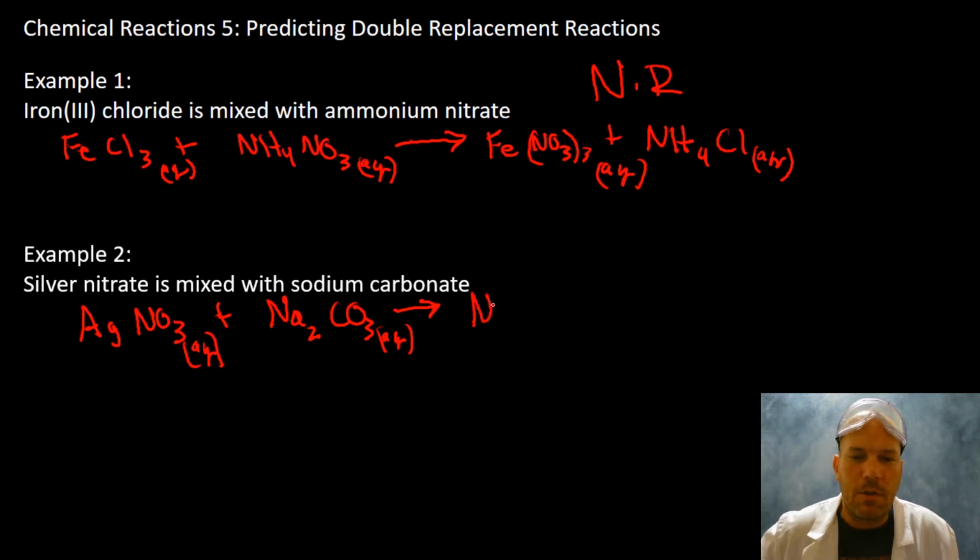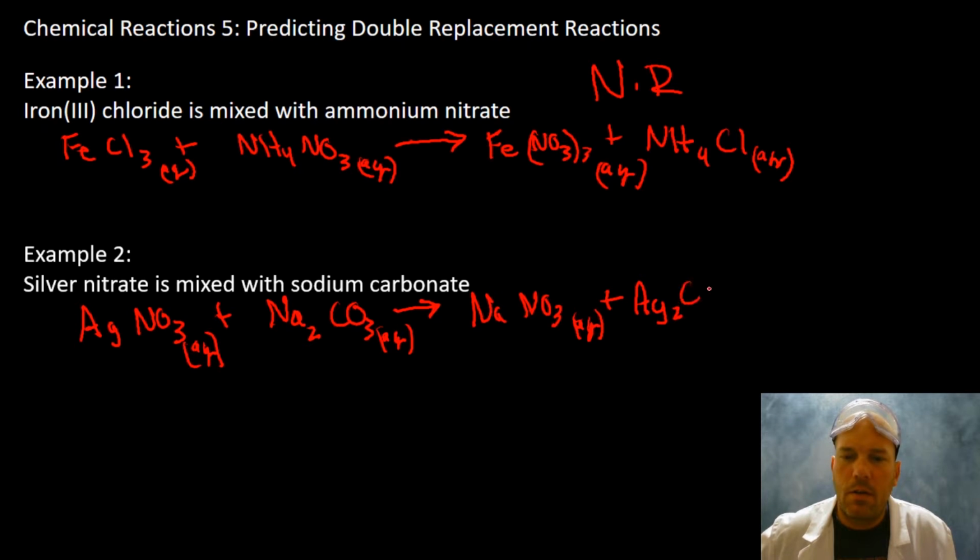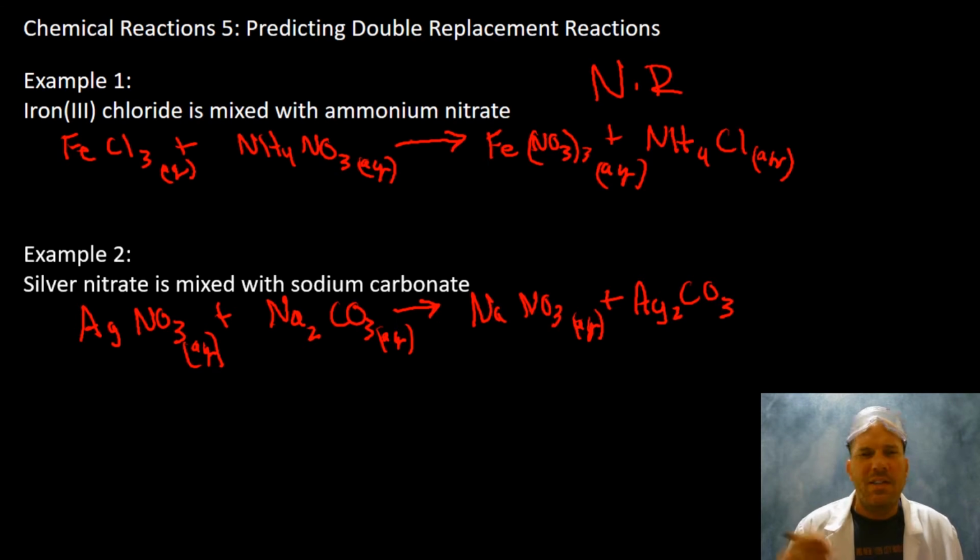We're going to form sodium nitrate. All nitrates are aqueous. And we're going to form silver carbonate. Now at this point, you may be looking and saying, wait a minute, Mr. Pedersen, silver's on the periodic table. It's a transition metal. Why aren't you specifying the Roman numeral for the charge?